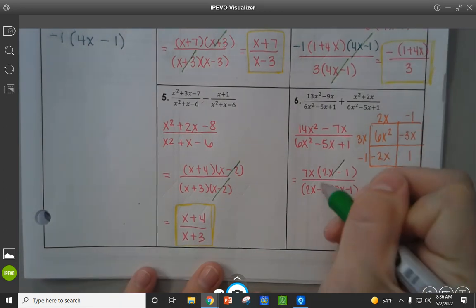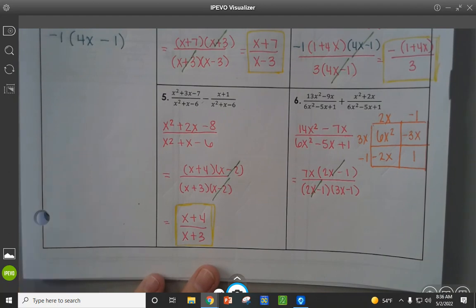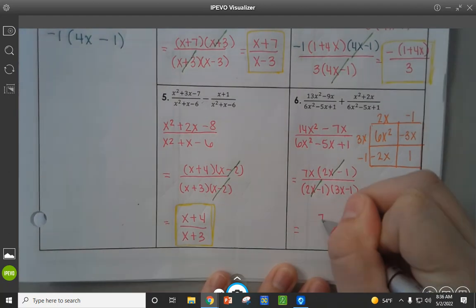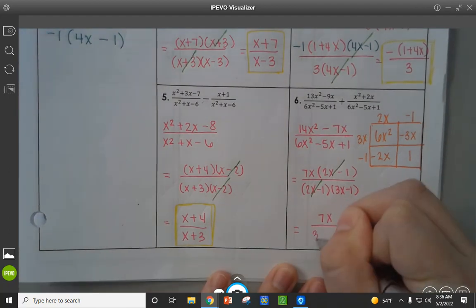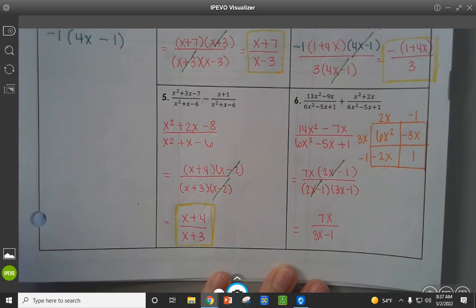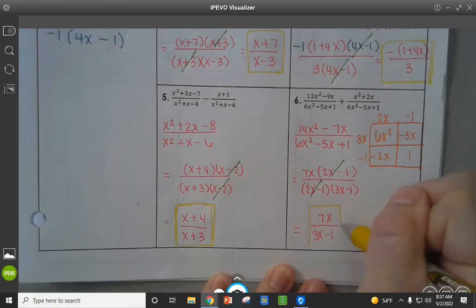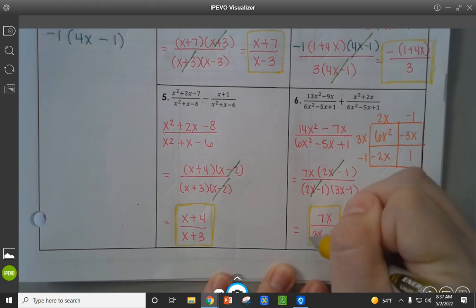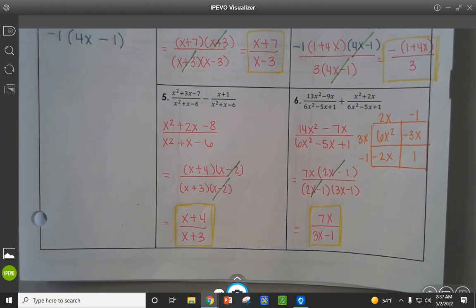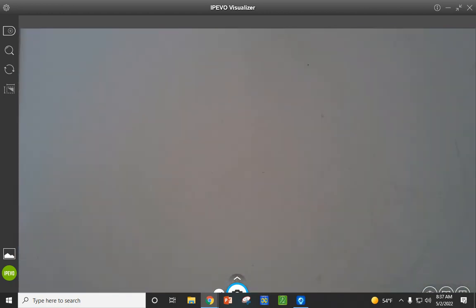The 2x minus 1's cancel, leaving 7x over 3x minus 1. We are going to try to get through as much of these as we can, just for time's sake.